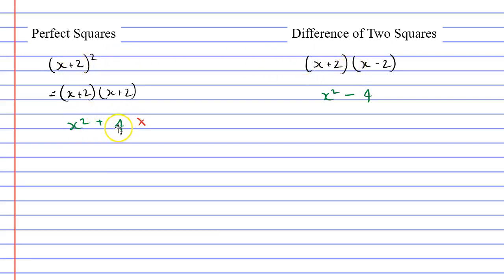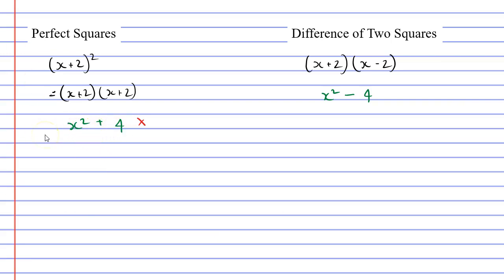And there's quite a few things wrong here. One thing is that, as I mentioned before, when you use the difference of two squares, it's always going to have a minus sign there. So as soon as you see the plus sign, you can see something's really wrong. And when you do perfect squares, you don't end up with just the outside terms. You're going to have something in the middle.